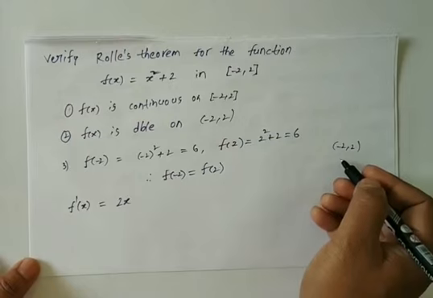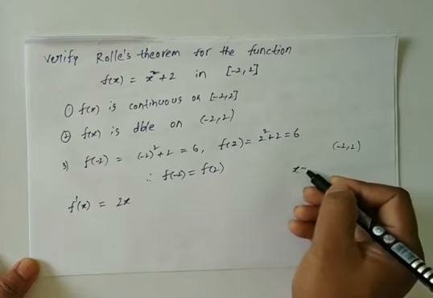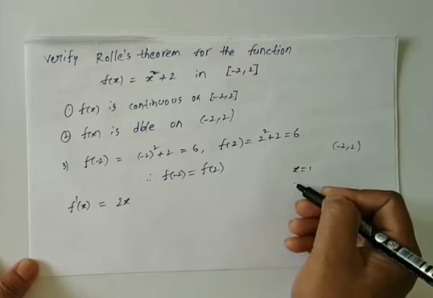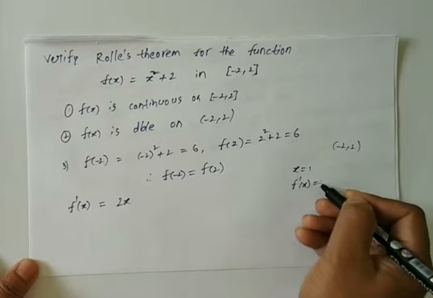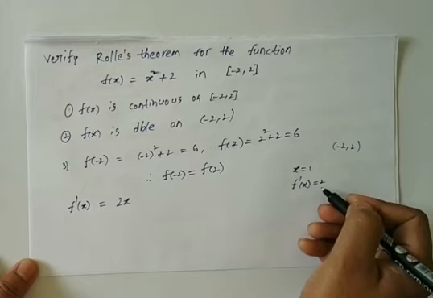Let us take any point in the open interval. Here I am taking x is equal to 1. At x is equal to 1, f dash of x is equal to 2. Therefore f dash of x is defined.